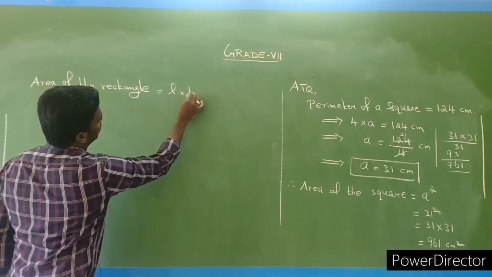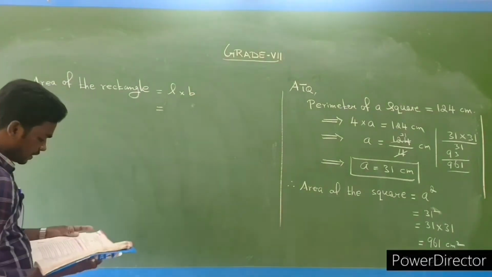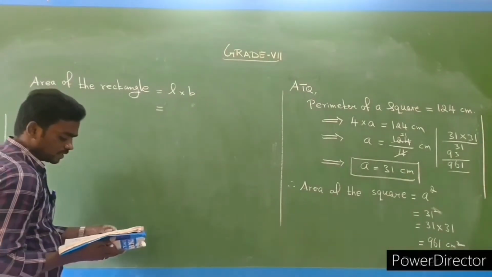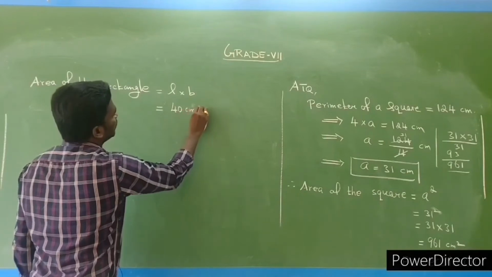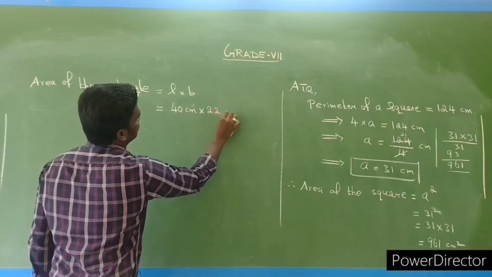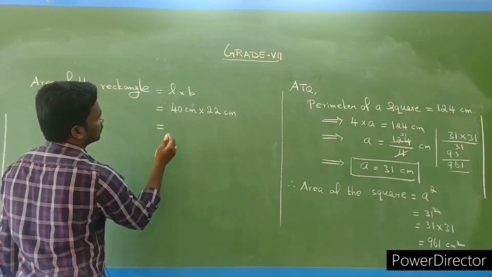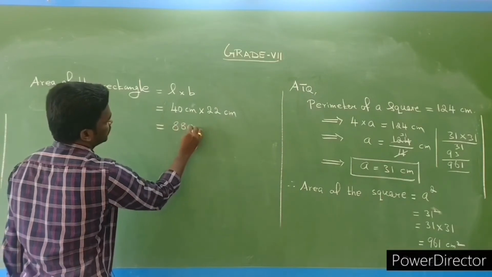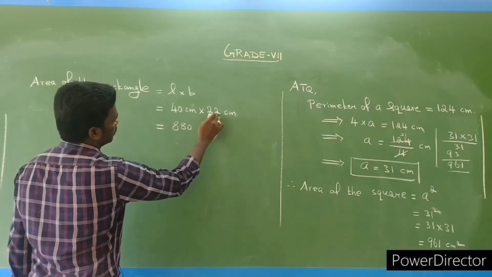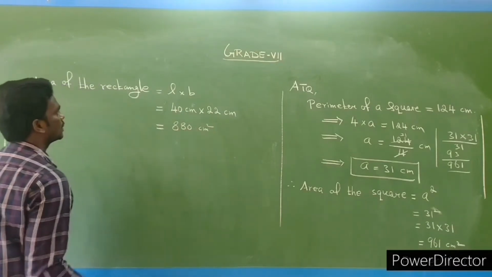L into B, which is equal to, what is the length of the rectangle here? Length is 40 centimeter and breadth is 22 centimeter. 40 centimeter and 22 centimeter, which is equal to, what is the value of 40 into 22? 880 centimeter square. 22 into 4, 88. Again with the 0 we get 880 centimeter square.